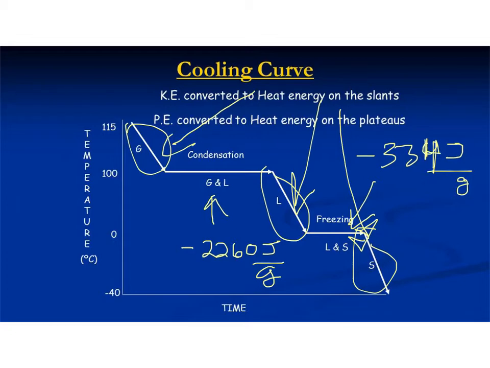The potential energy gets converted back into heat energy. So in this case, the potential energy and the kinetic energy all go to heat energy. And in the previous case, the heat energy that we're putting in all goes into kinetic energy or potential energy. There's not really much more to say about this.